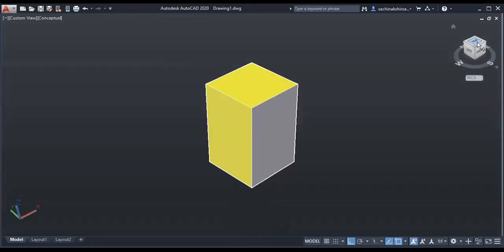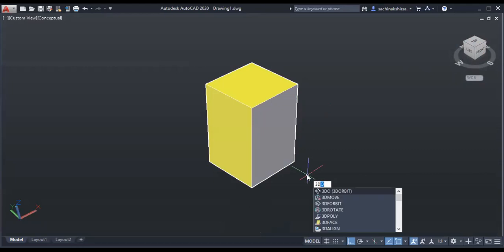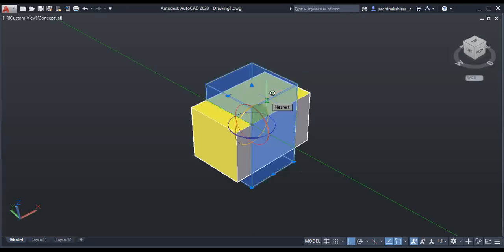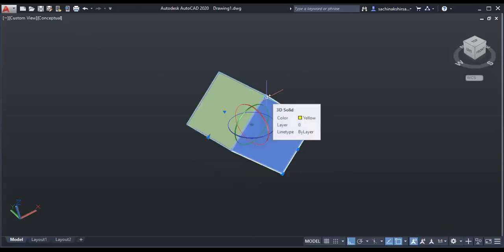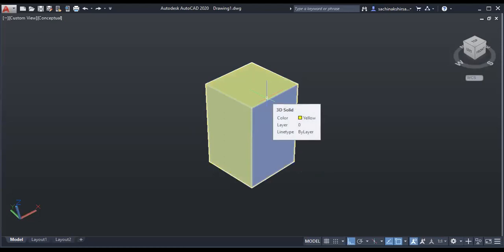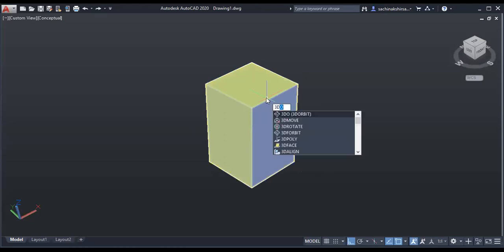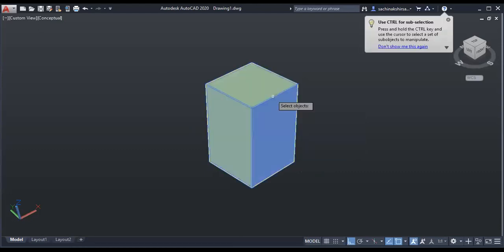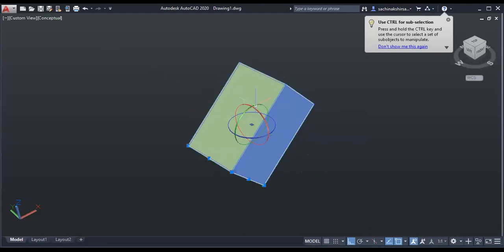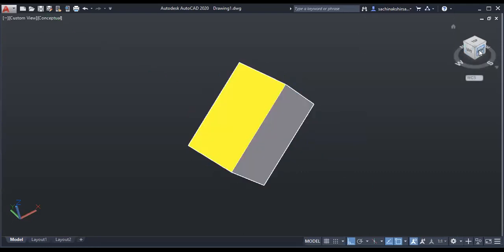With whom is it inclined? The angle is given with HP. So it is inclined with HP, and I will try to give the rotation also. So it is inclined like this, meaning in the front view it looks like this.